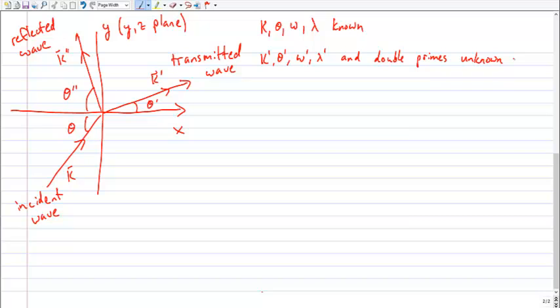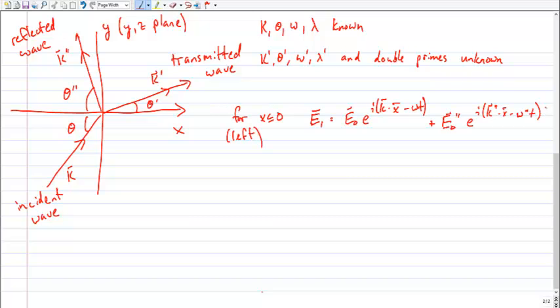So, this is a boundary value problem. We have fields on the left and fields on the right. The sum of all the fields to the left of the interface are right here. Note that I'm being very diligent about putting double primes on everything, on the amplitude, on the wave vector, on the frequency, all of that, because we don't really know anything at all about that reflected wave.